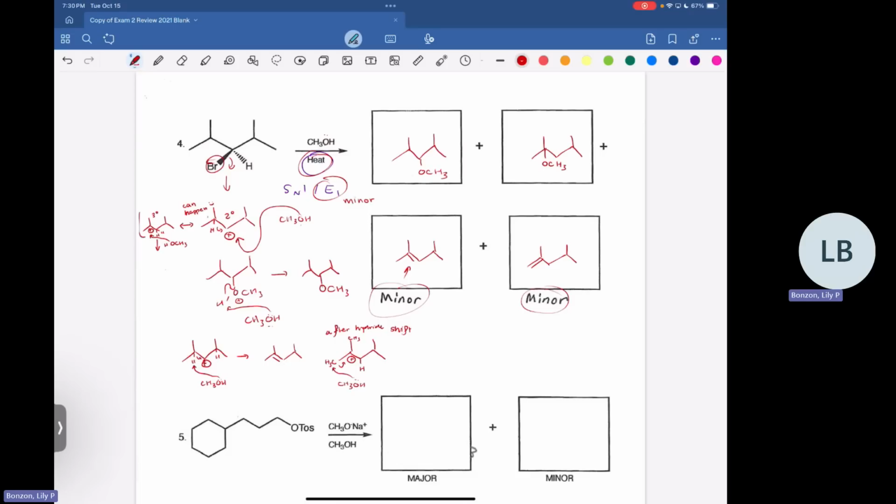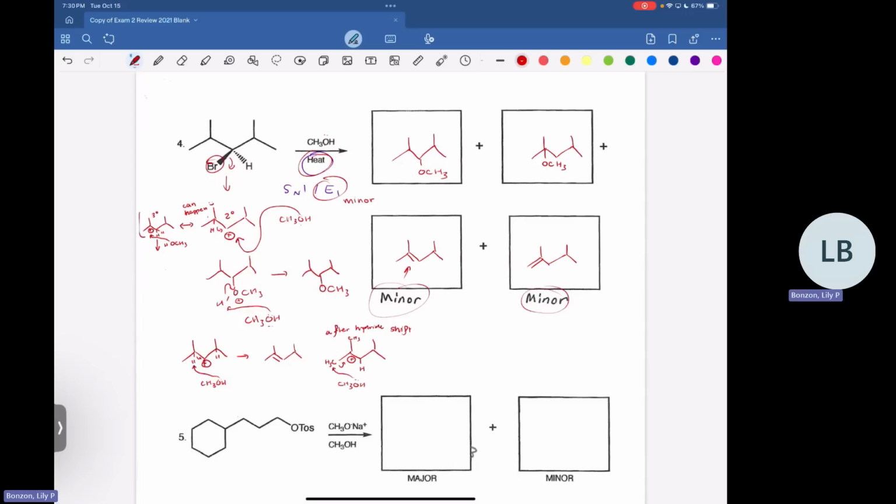For E1, the electron density ignores that positive charge and just goes for a hydrogen. So it's just not very energetically favorable. The negative charge won't directly be attached to the positive charge. It'll just go towards the hydrogen instead. So that's going to take more energy for that reaction to happen. So even if you add heat, it's still going to be a minor product.